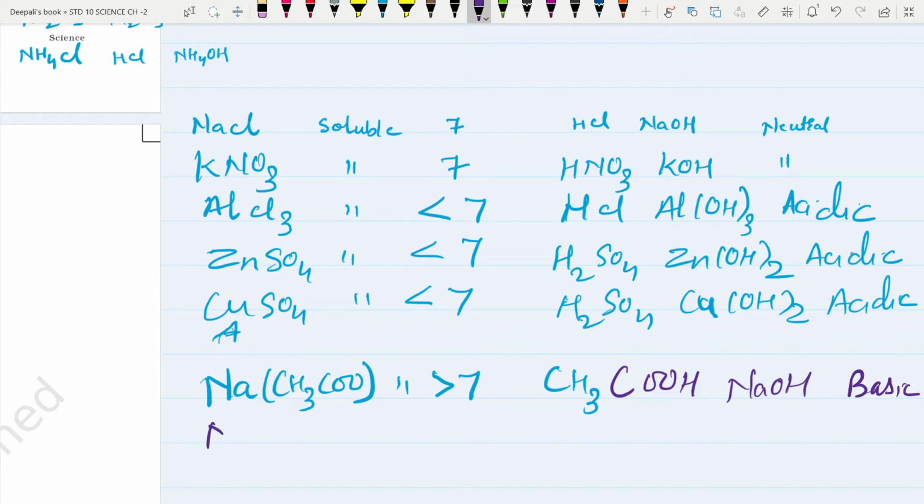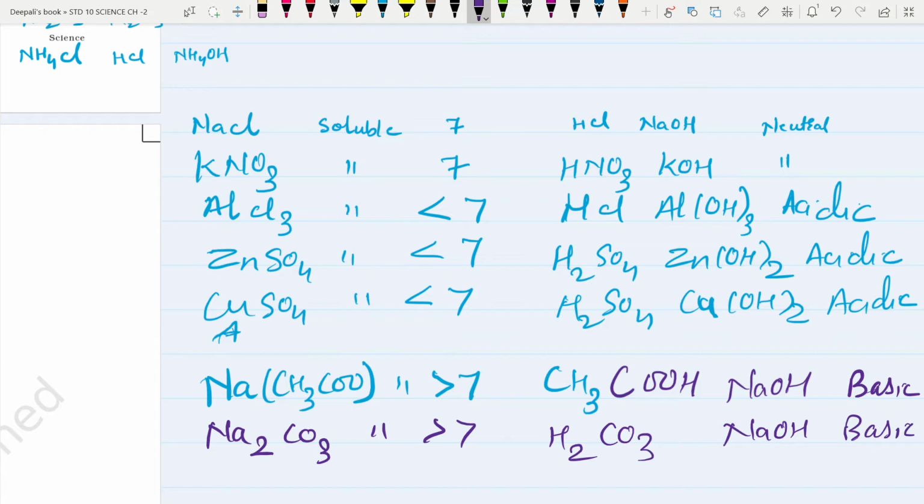Then sodium carbonate, Na2CO3, is soluble, pH greater than 7, and is formed from H2CO3 and NaOH and is basic in nature.